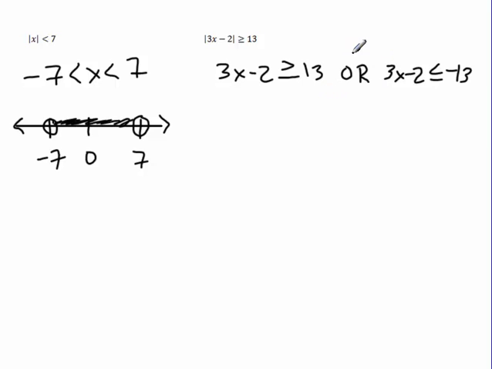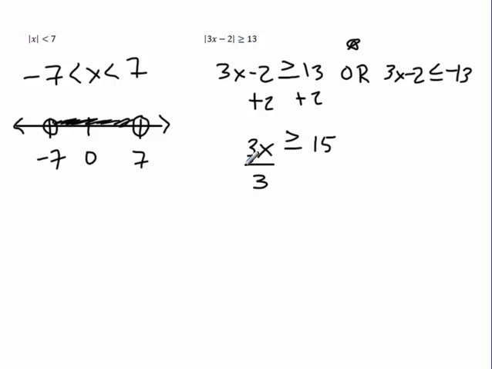So here's my big or statement right here. So now we can solve this normally. Here we're going to add 2 to both sides. I'm going to get 3x is greater than or equal to 15.